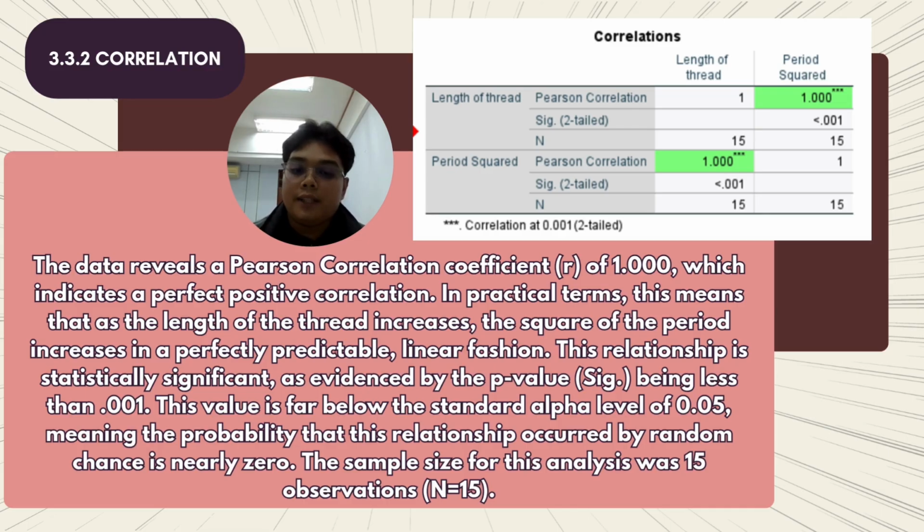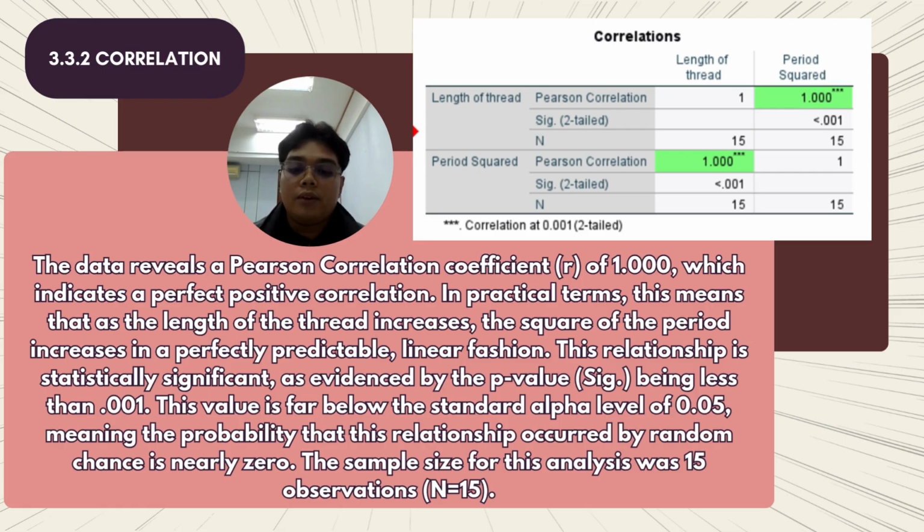In practical terms, this means that as the length of the thread increases, the square of the period increases in a perfectly predictable linear fashion. This relationship is statistically significant, as evidenced by the p-value being less than 0.001.